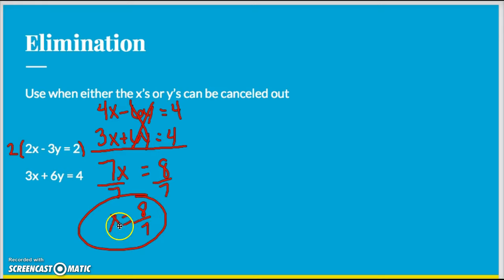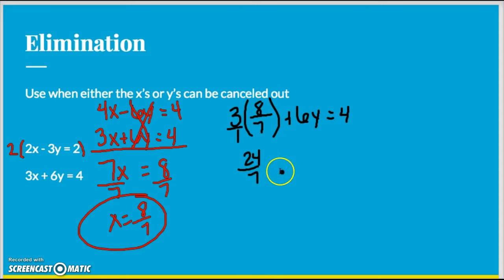And then we would just need to plug it into one of these equations to figure out what y is. So if I take 8/7 and let's say I plug it into the bottom one, I would have 3 times 8/7 plus 6y equals 4. Well, 3 is 3/1, so if I multiply straight across, I get 24/7 plus 6y equals 4.